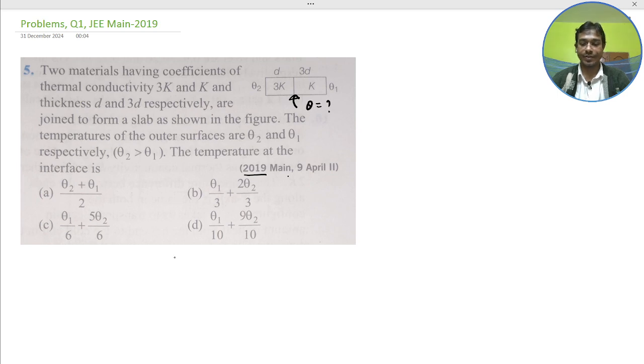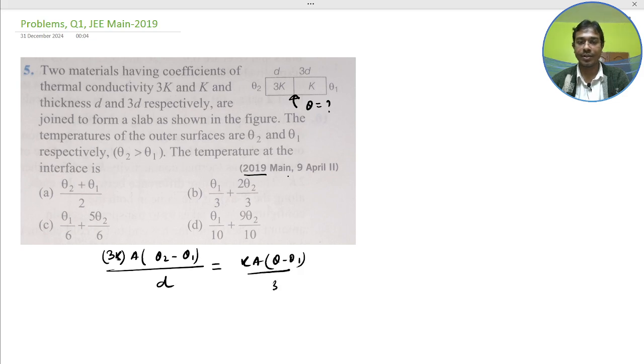So the rate of heat flow in the first slab is equal to the rate of heat flow in the second slab. So just put this formula, 3K, we just discussed in your chapter summary session. 3K A theta 2 minus theta 1 divided by D is equal to K A theta minus theta 1 divided by 3D. Just solve this.